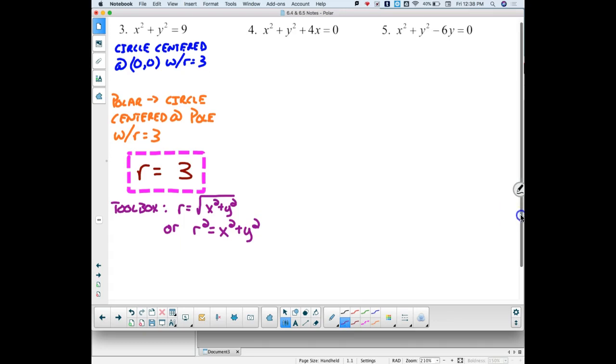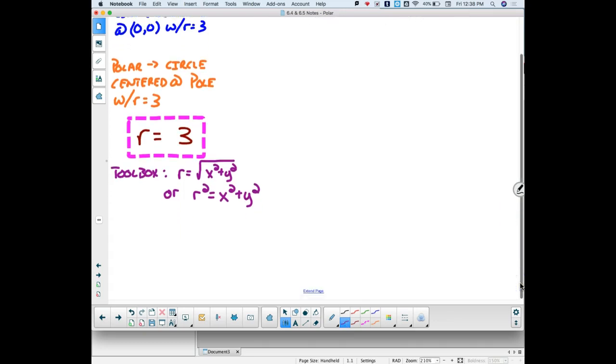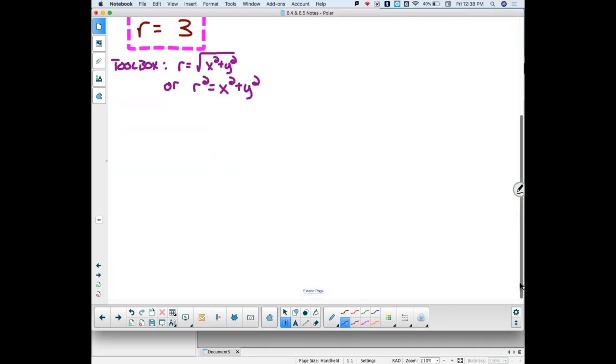It's kind of like having a pliers and a needle nose pliers. They're both pliers, but one's just a little different than the other one. Okay? So if I have x squared plus y squared equals 9, I could say that this is r squared. Then I could square root both sides.